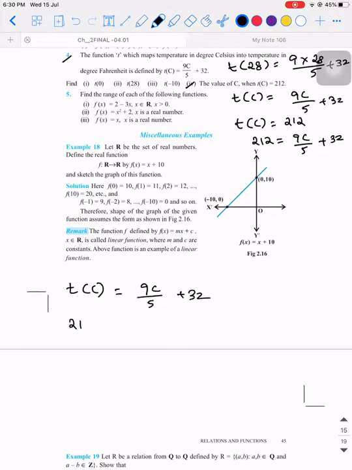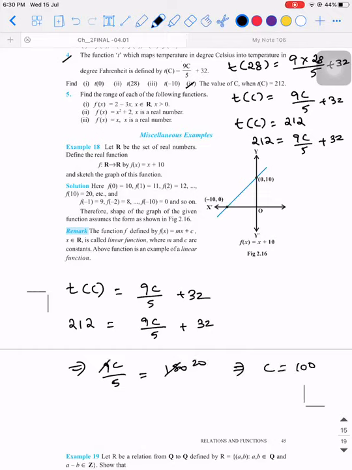But t of c is given as 212. So 212 is equal to 9c by 5 plus 32. So 9c by 5 is equal to 212 minus 32, which is 180. So this will cancel 20 times, which implies c is 100.